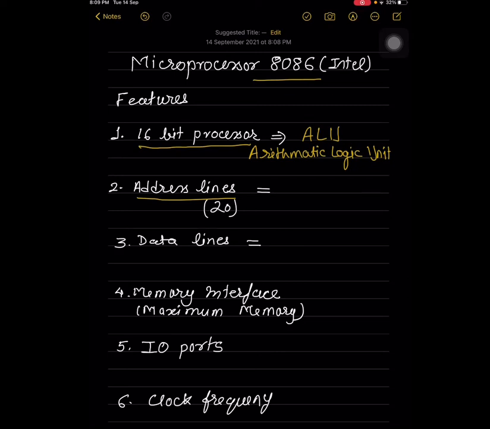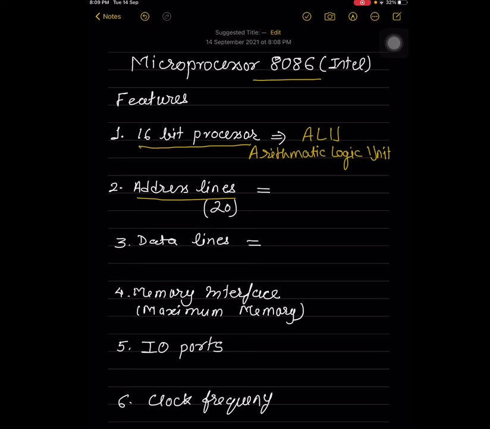The microprocessor basically has three types of bus available: the address bus, data bus, and control bus. The address bus indicates those connections by which the processor transfers the address of the device with which it wants to communicate.